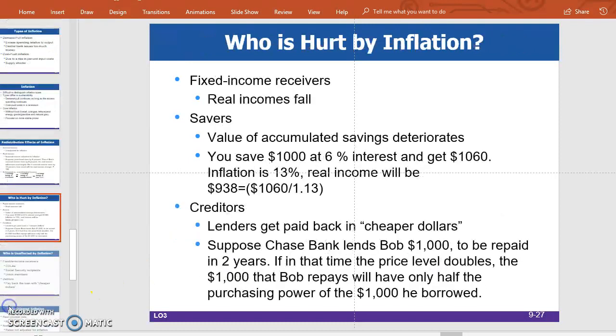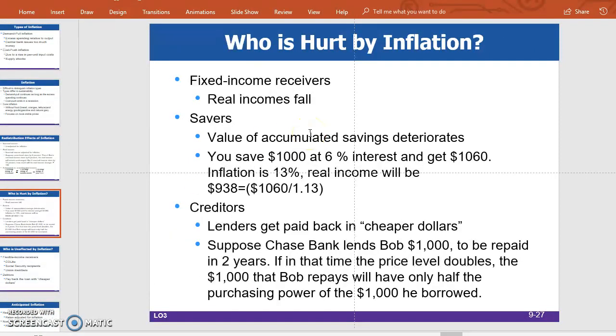Okay. Now who is hurt by inflation? Fixed income receivers, whose real incomes fall. These are people like students, retired people, and salaried people, who have a fixed income every month.